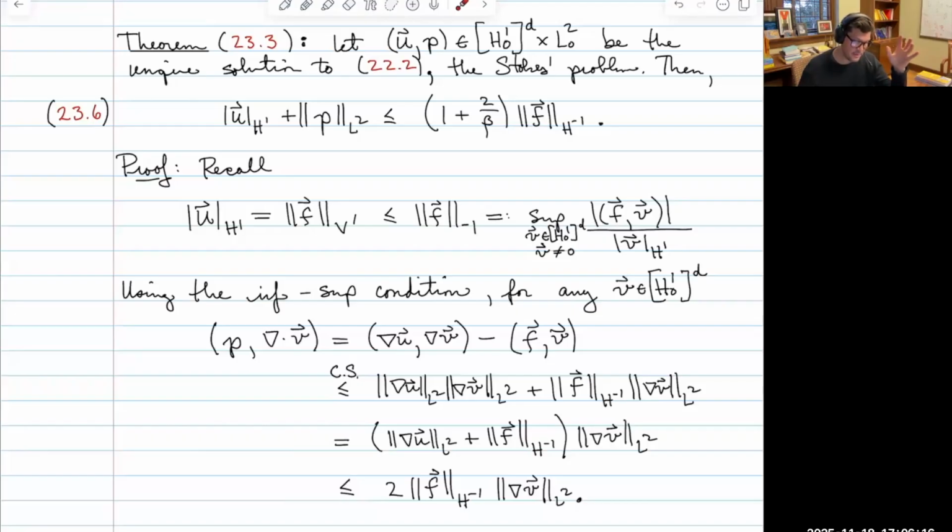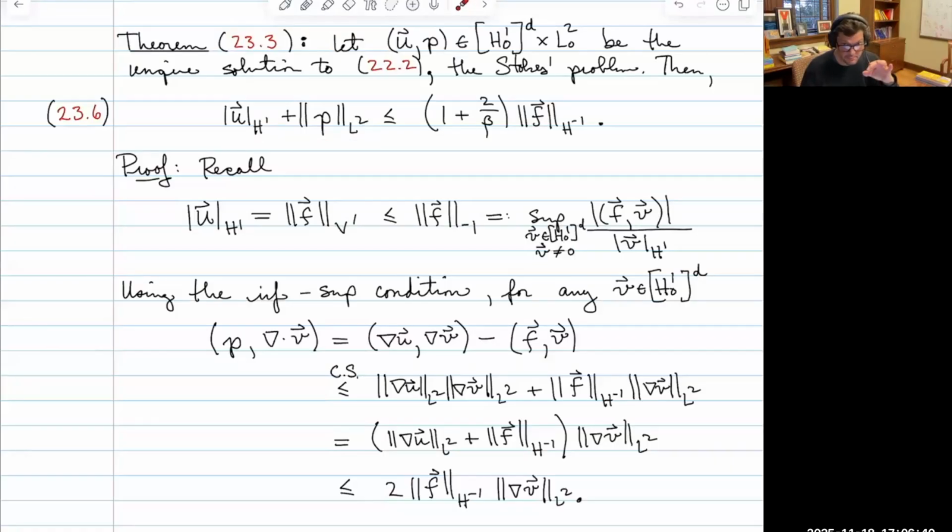So what does stability mean? Stability means that the solutions to your problem are going to be bounded by the data of your problem. The data of the problem is really just f, the function f. So once we have f, then everything should be determined, and the size of f should control the size of u and p.